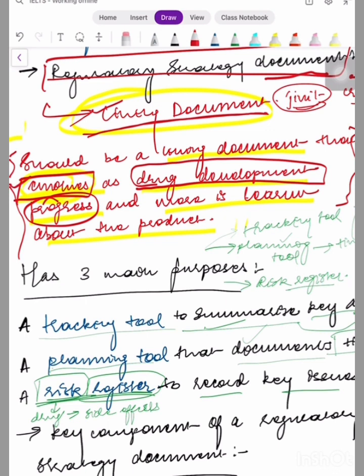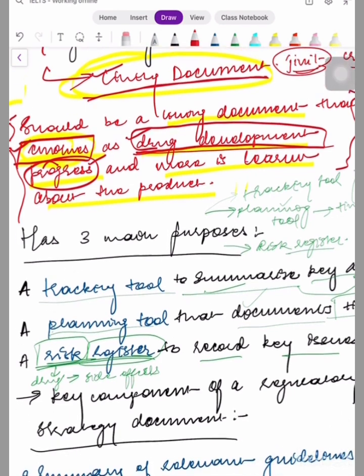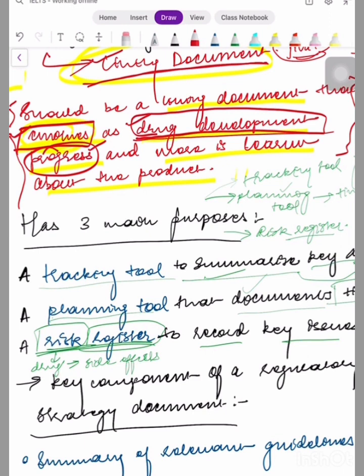Evolve is basically an English word, you can write synonyms for it. But drug development progresses is the wording that should be there, because drug development in itself is a terminology used here. It's a very vast topic. You can look at my other video lecture series for the same drug development. And more is learned about the product.